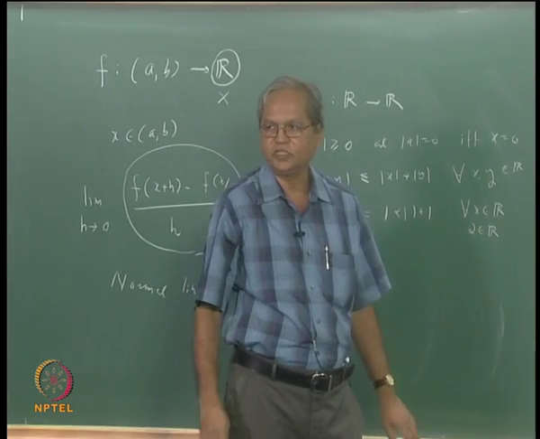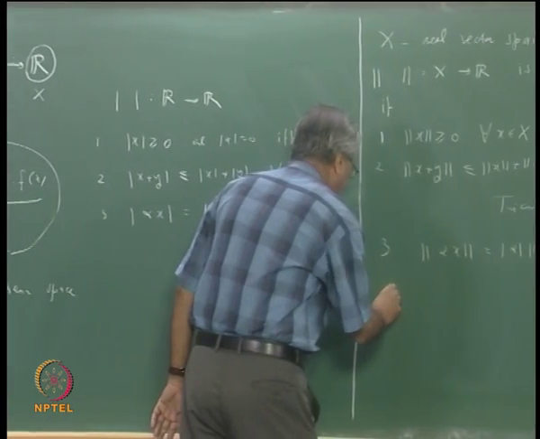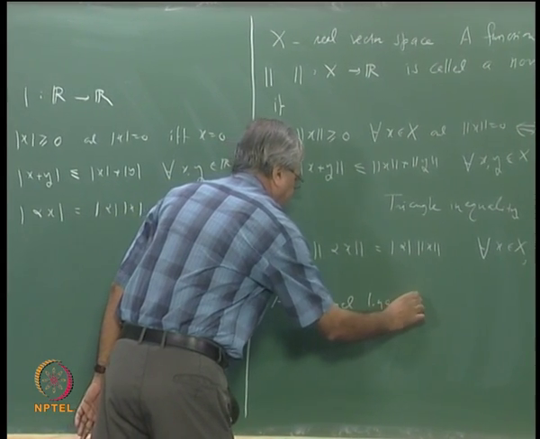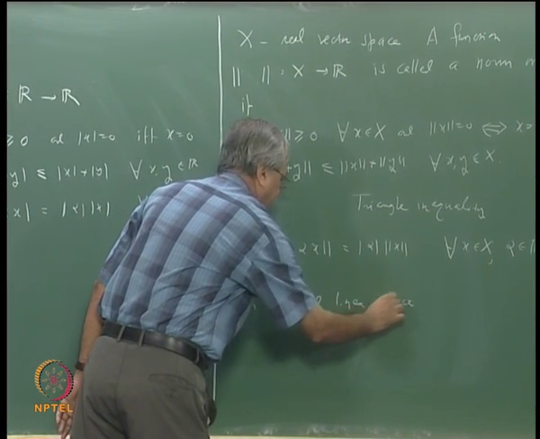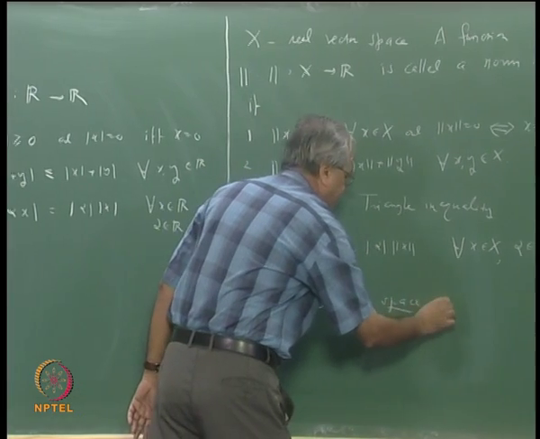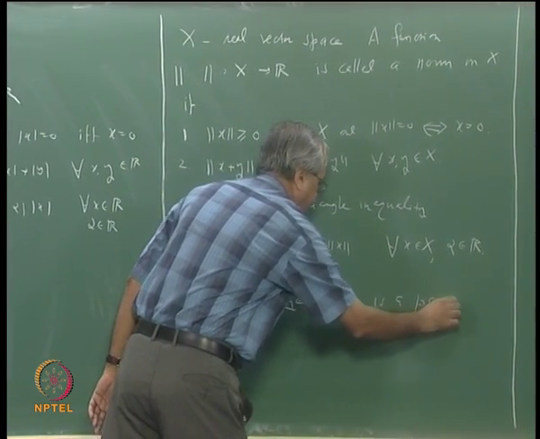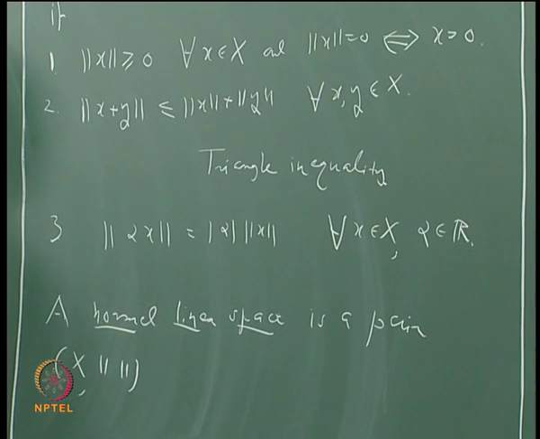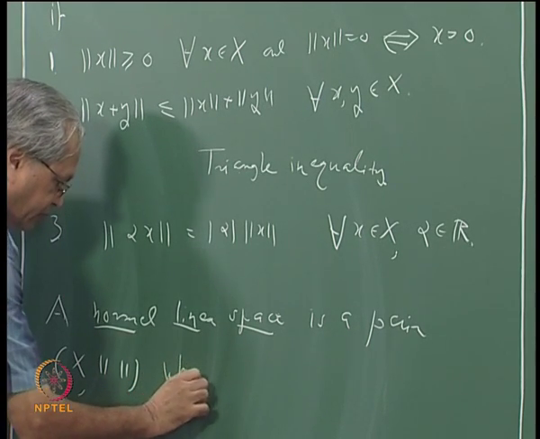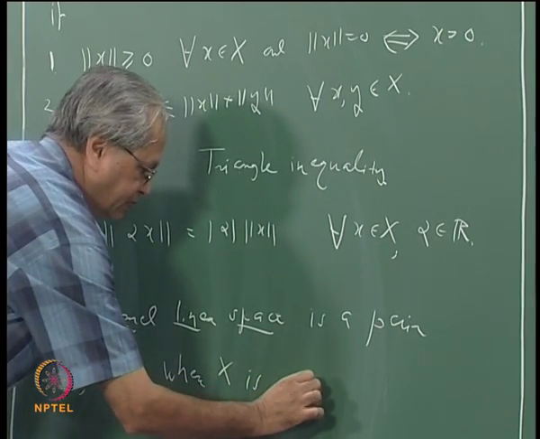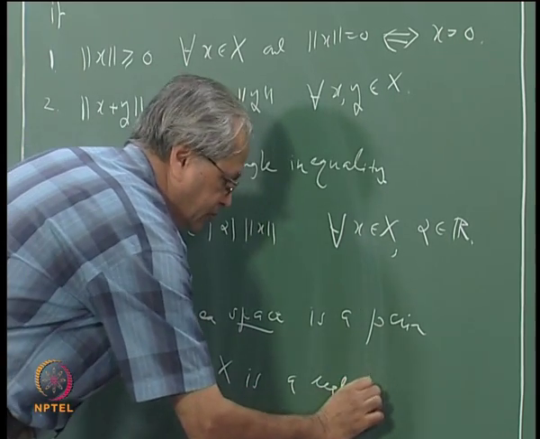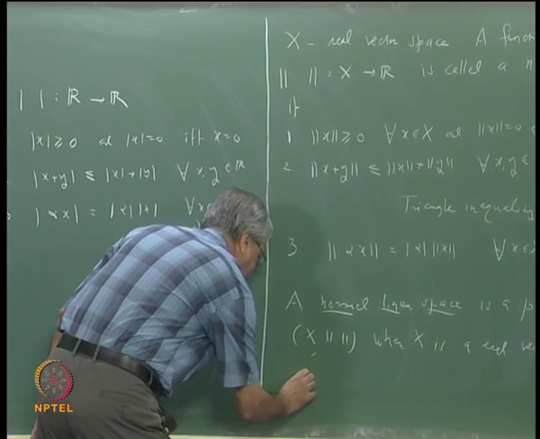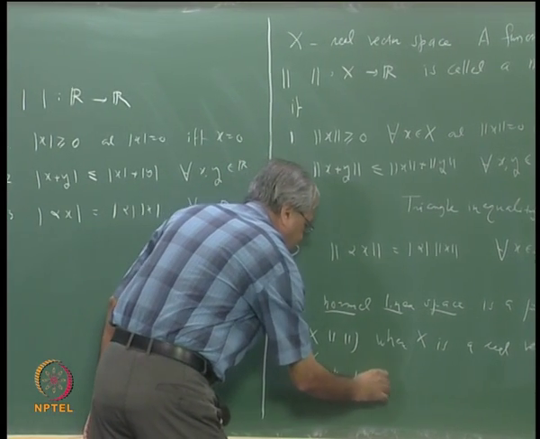So you can say a normed linear space is a pair (X, norm) where X is a real vector space and norm is a norm on X.